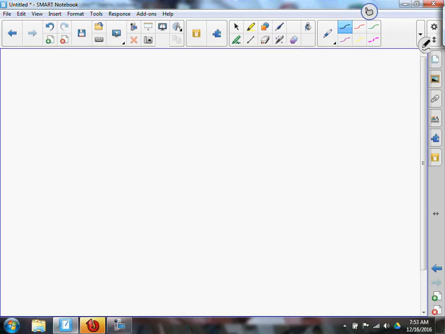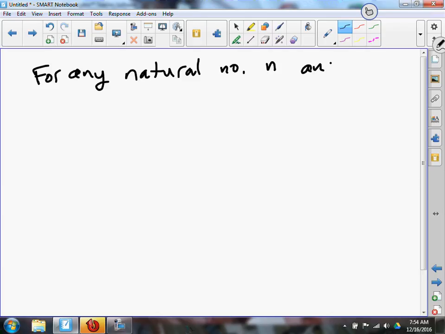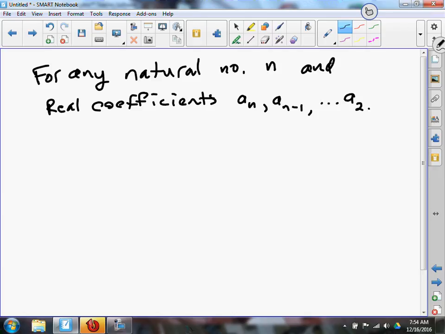The definition of a polynomial function says, for any natural number n, no dot, that's my abbreviation for number, for any natural number n, and real coefficients a sub n minus 1 dot dot dot a sub 2, a sub 1, a sub 0.